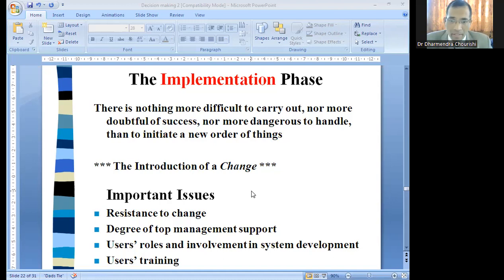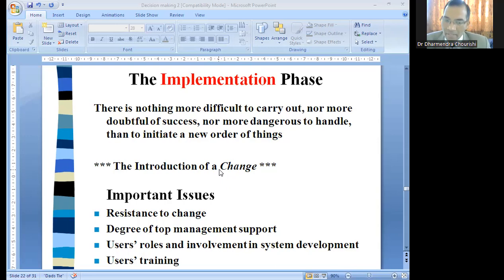For that, some issues will be considered, like resistance to change, degree of top management support, users' role and involvement in system development, and finally users' training.